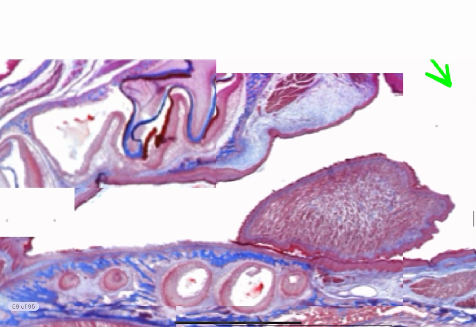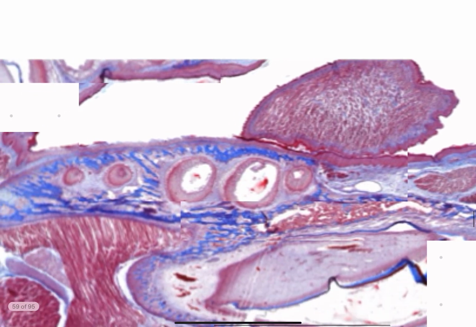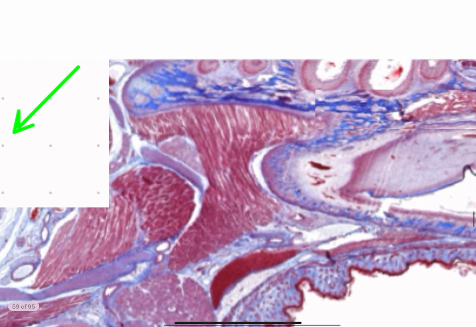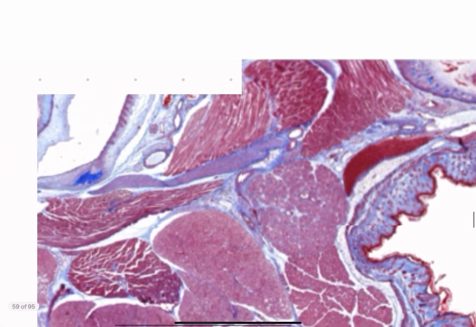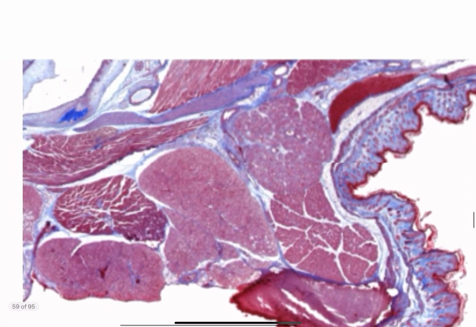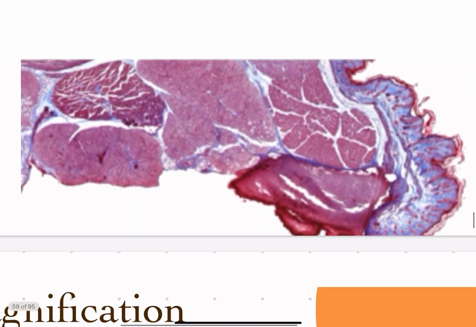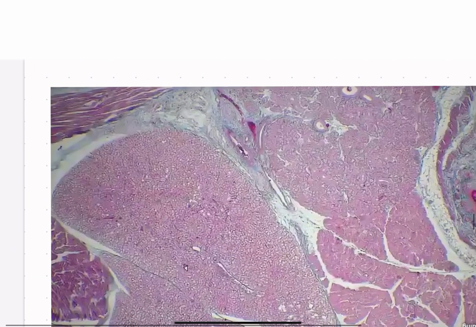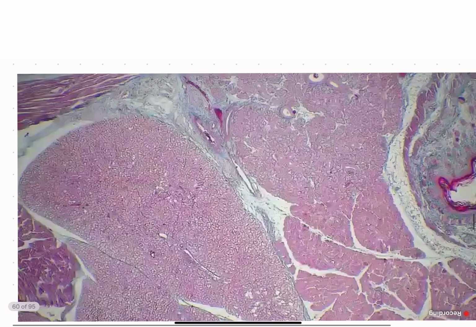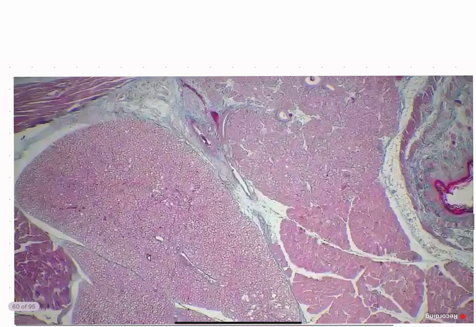We're going towards the bottom right part of the slide, and then a little bit towards the bottom left. So now, zooming into this area, we'll see something like this. Write down the structure name for this structure.